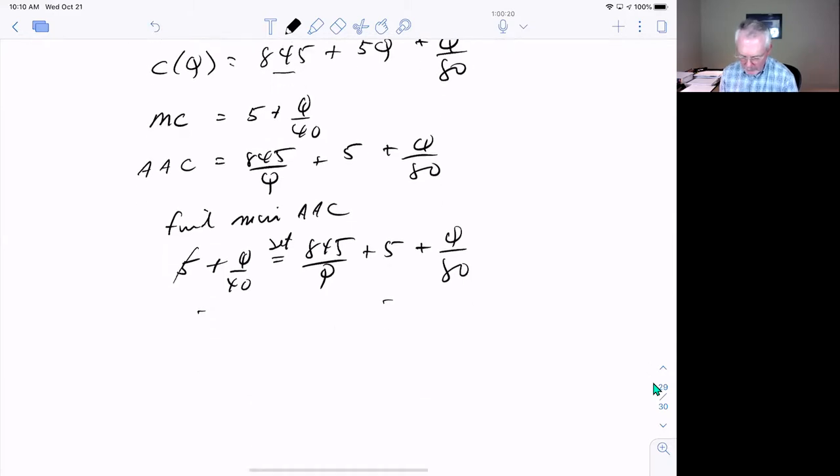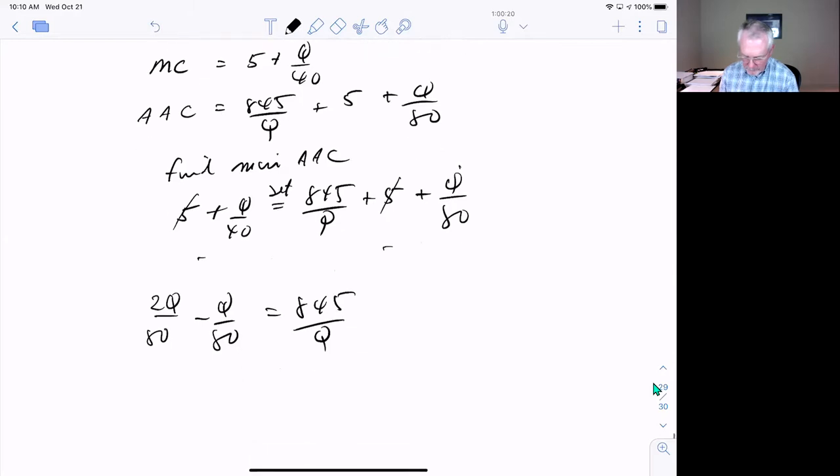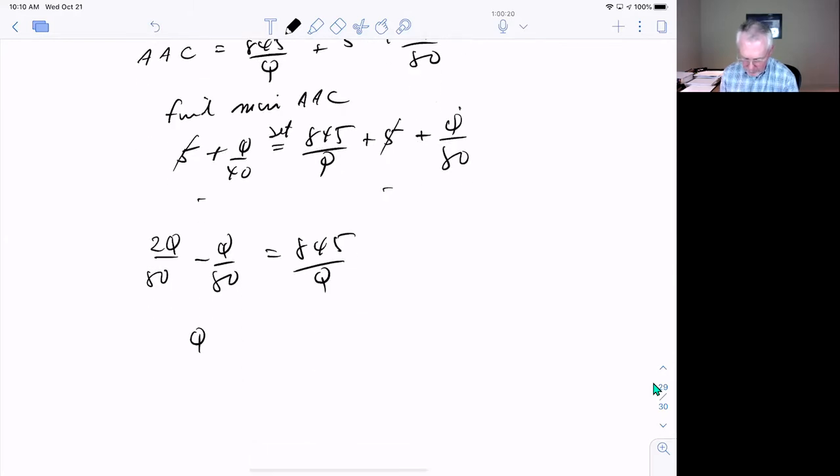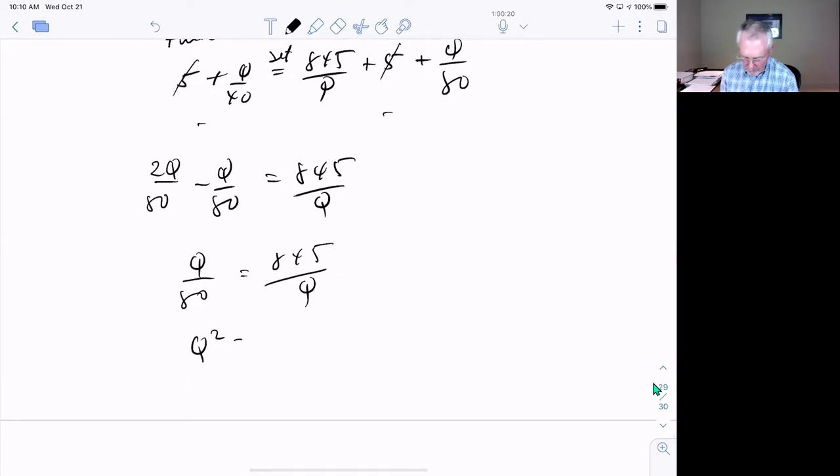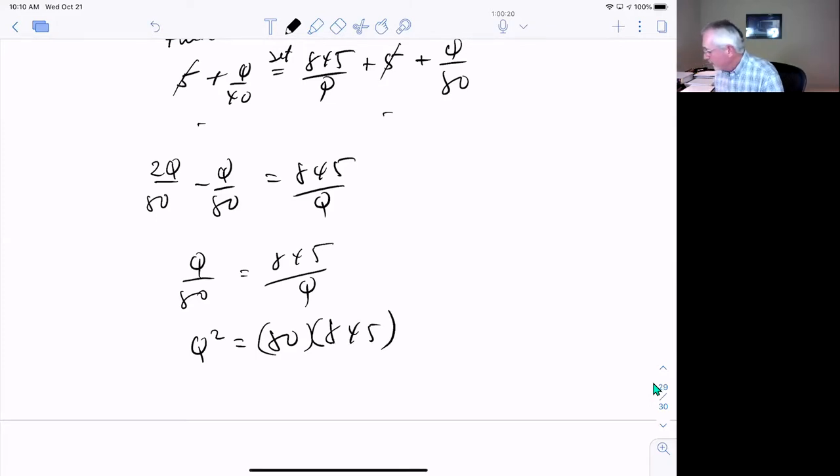Once again, these are going to cancel. I want to move this to the left-hand side. So what do I have here? I've got 2q over 80 minus q over 80 is equal to 845 over q. So I've got q over 80 is equal to 845 over q, or q squared is equal to 80 times 845.